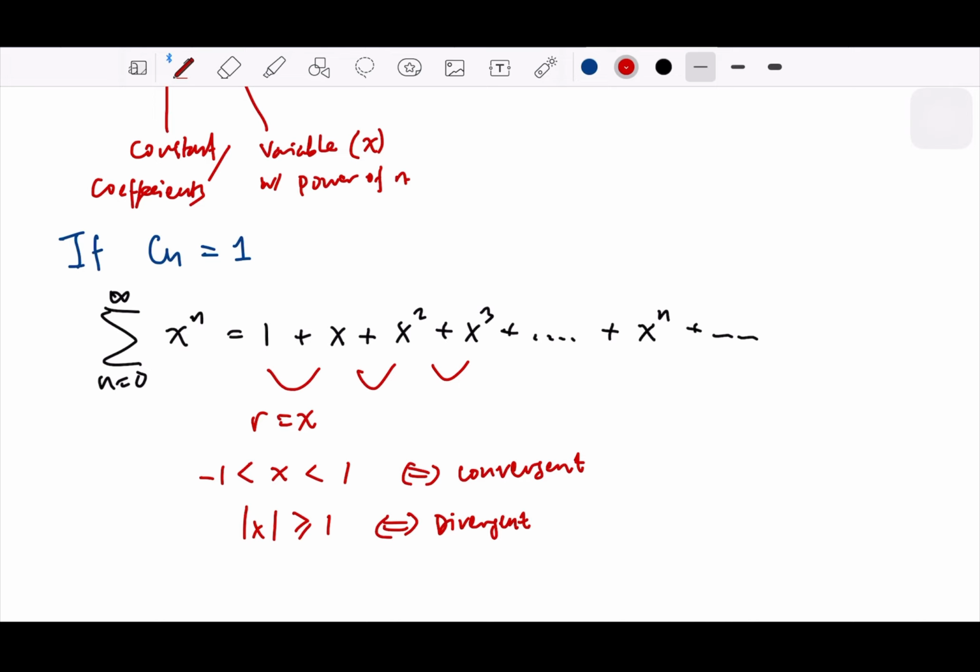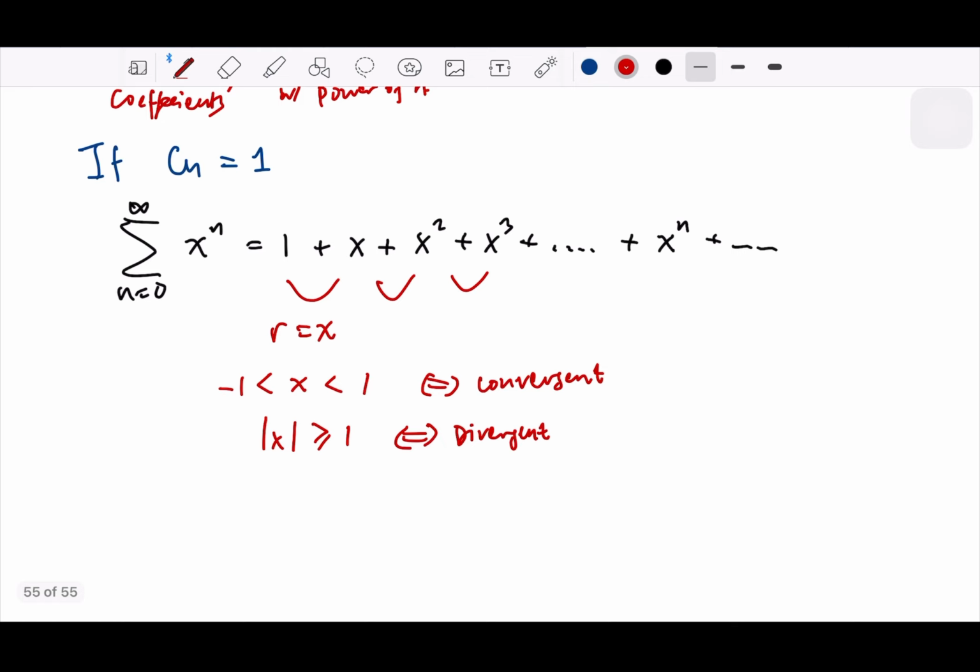Okay, so imagine that if you exchange your x, maybe x becomes 2. So if x becomes 2, then it means that it's diverged. If x is half, then we have the geometric series which is converged.